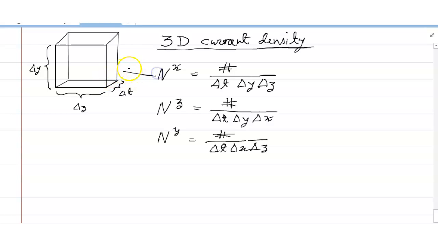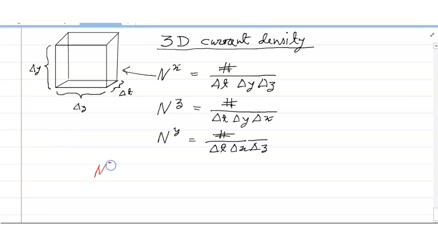This diagram is for nx, and when the diagram is nz, then we take del x and del y, and for ny, we take del x and del z, not del y. So just replace the dimension.